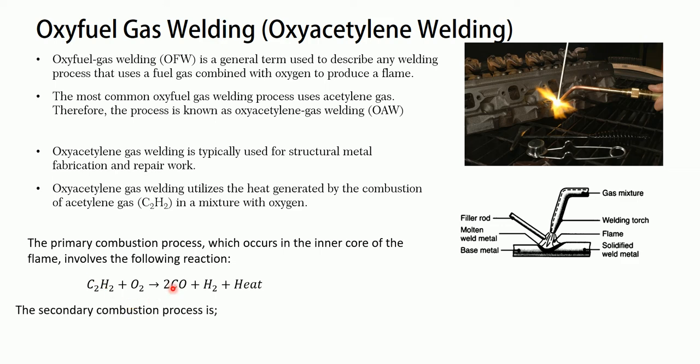Now the carbon monoxide and hydrogen formed from the primary reaction react again, and again heat is generated. So the secondary combustion process is given here. The chemical reaction takes place between carbon monoxide, hydrogen and a portion of the oxygen initially used for the primary combustion process.